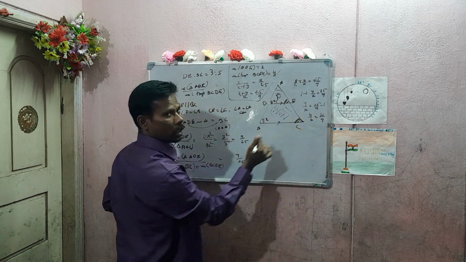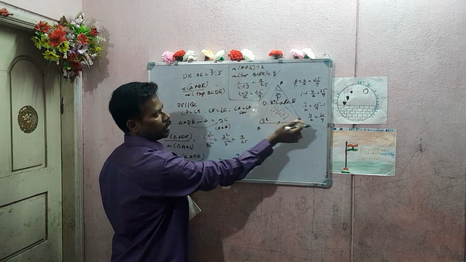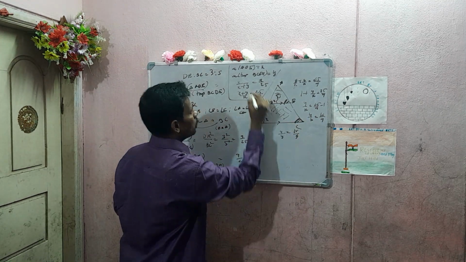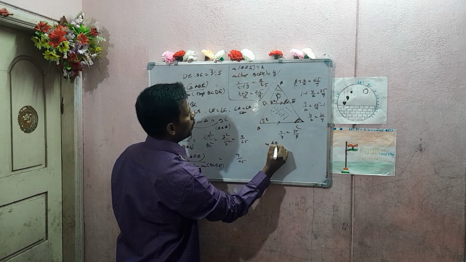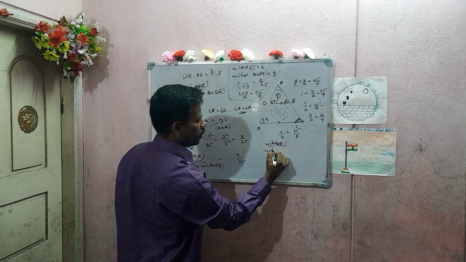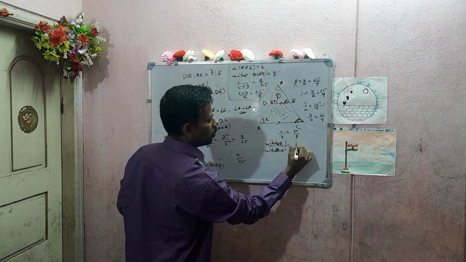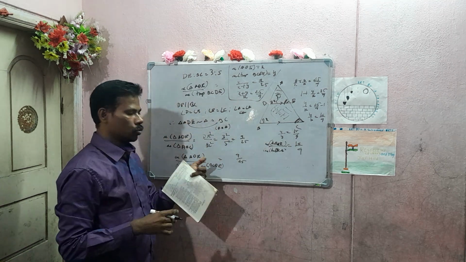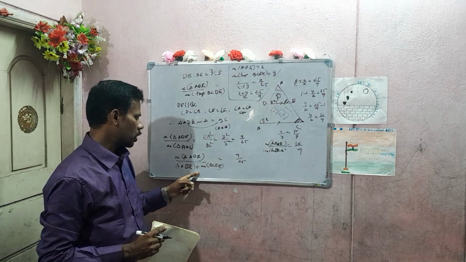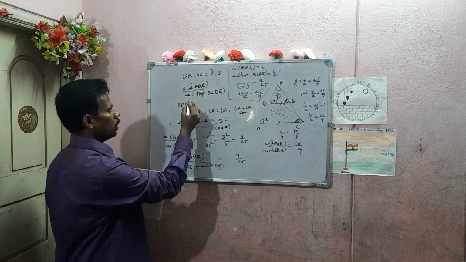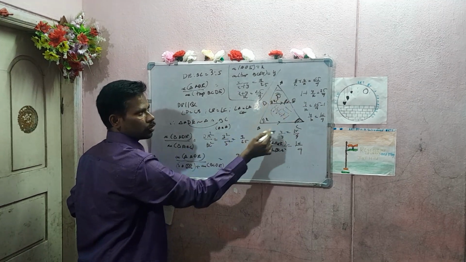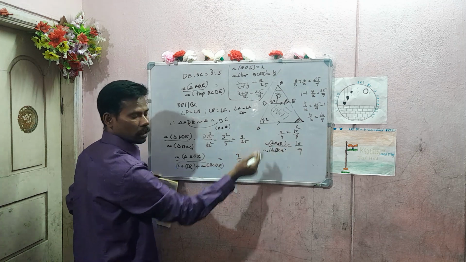Now let's reverse it: x by y is equal to 16 by 9. What is x? Area of triangle ADE. By what is y? Area of trapezium BCDE is equal to 16 by 9. What I did is, to avoid confusion, I have written x and y, where x is nothing but ADE and y is nothing but trapezium BCDE. The area of triangle ABC I get by adding this plus this. I took this whole area as x and calculated this. Therefore, hence I arrived at the conclusion.